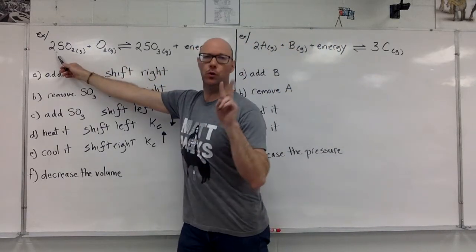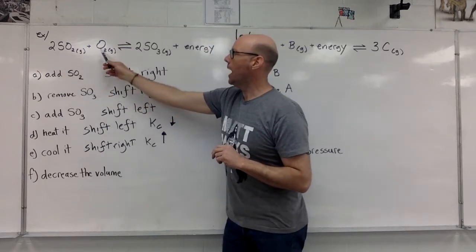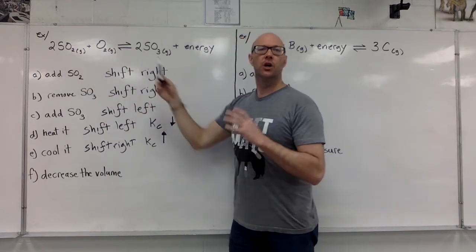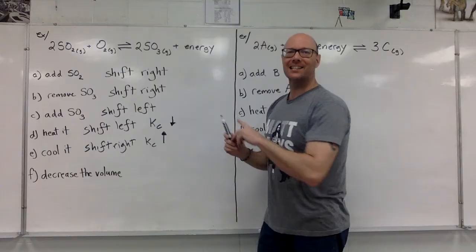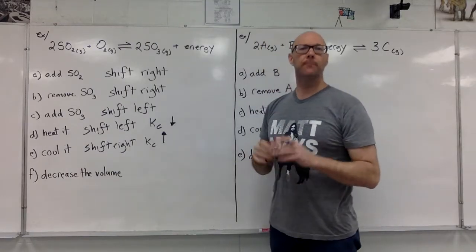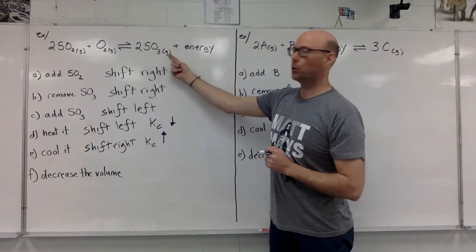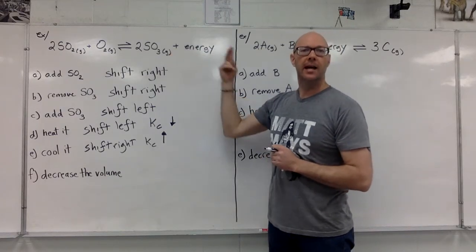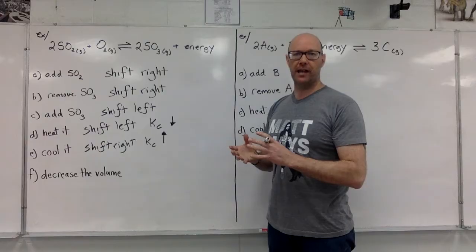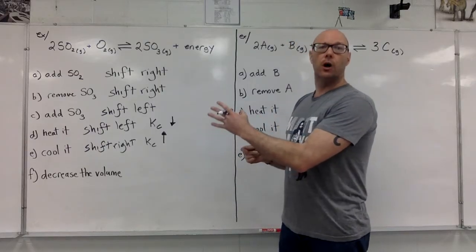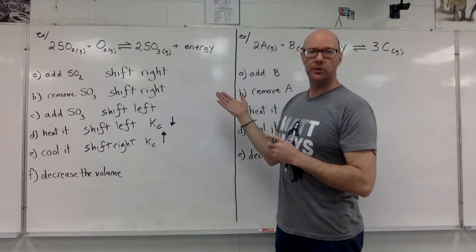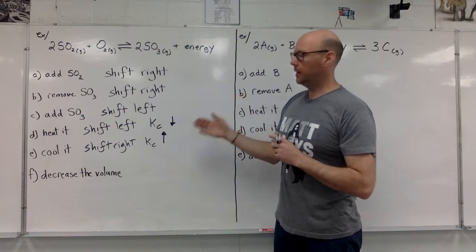The gases here, there's 2 moles of SO2 and 1 mole of oxygen gas. So in total, on the reactant side of this reaction, there's actually 3 moles of gas. On the product side here, there's just the one chemical, the sulfur trioxide. It's balanced with the 2. There's 2 moles of gas. 3 moles of gas on the reactant side, 2 moles of gas on the product side.